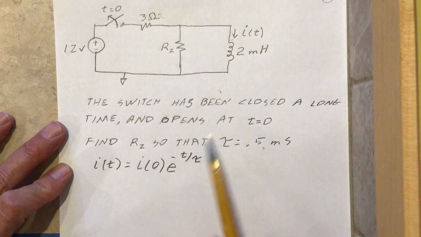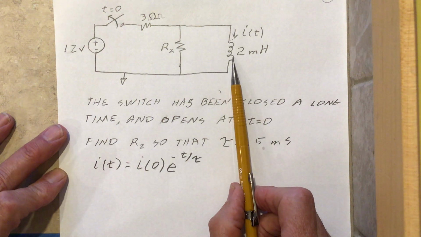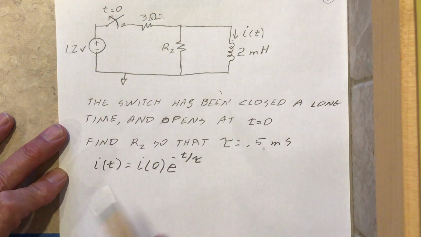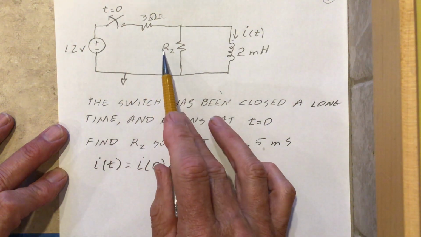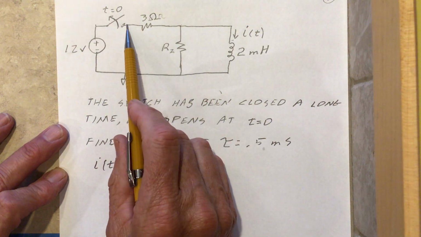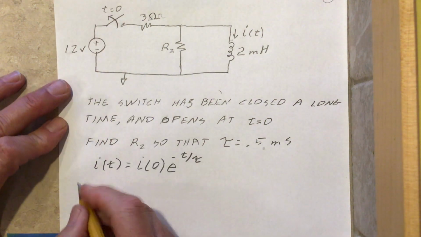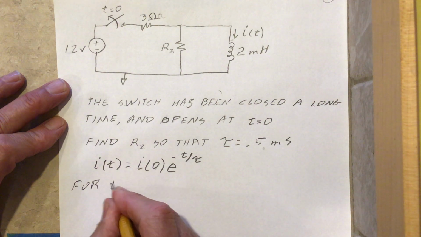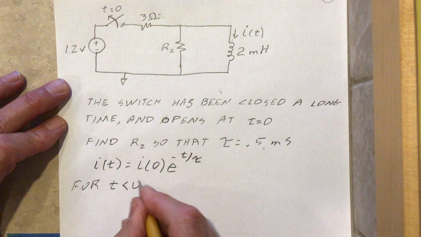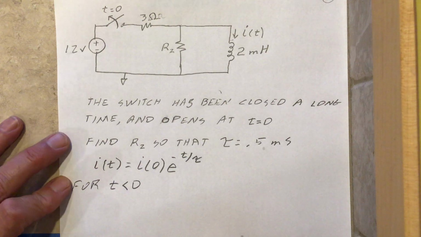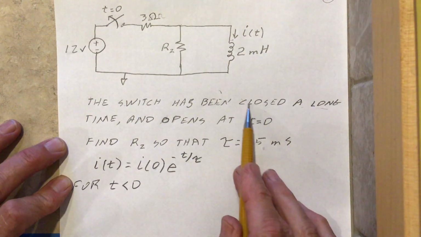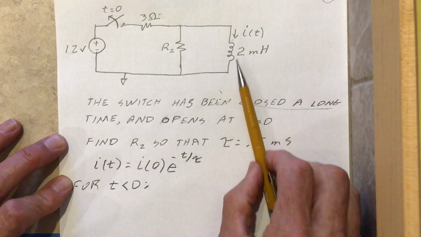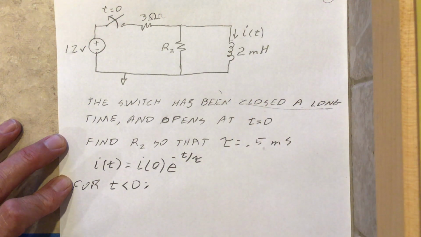So let's see. First of all, we need to figure out how much current is going through this guy at time equals 0. Well, once again, we have two circuits. Before time equals 0, when the switch is closed, and after when it is open. So let's look at time less than 0, when the switch is closed, and it's been closed a long time. So we need to remember, how does an inductor behave at steady state?